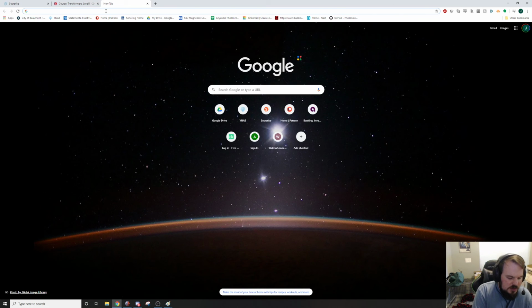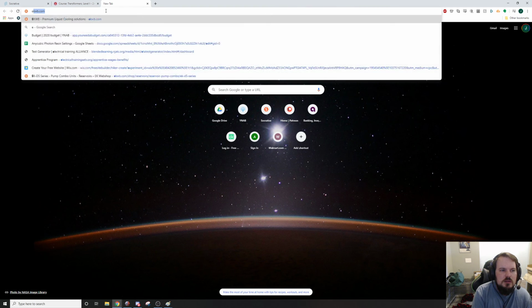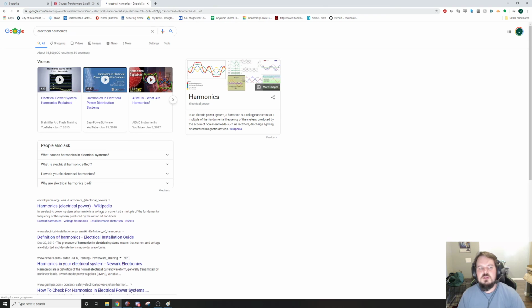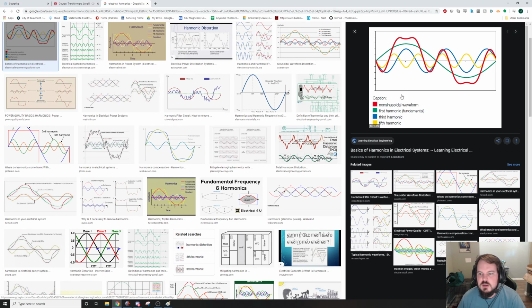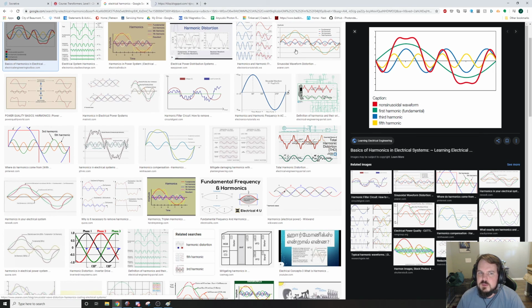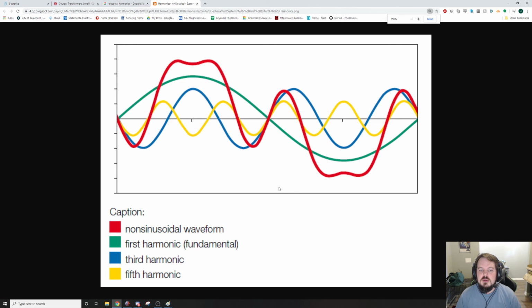So let me just look up harmonics. Ooh, there's a good picture. Open image in new tab so I can zoom in some. There we go, I like that. Alright, so it looks like green is a normal waveform. That's what's supposed to be there.